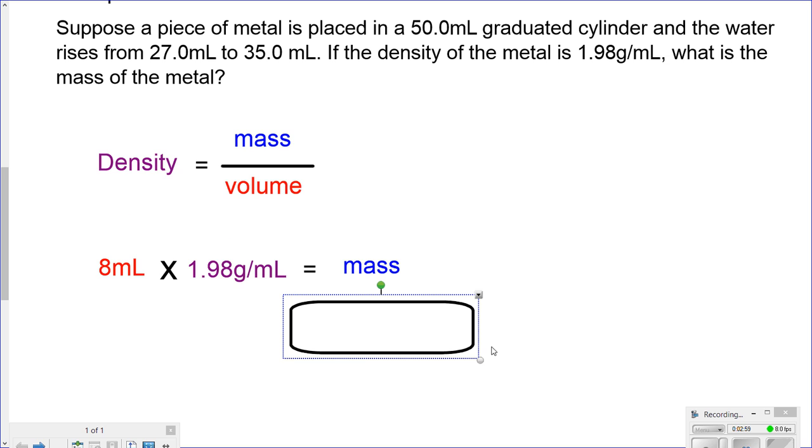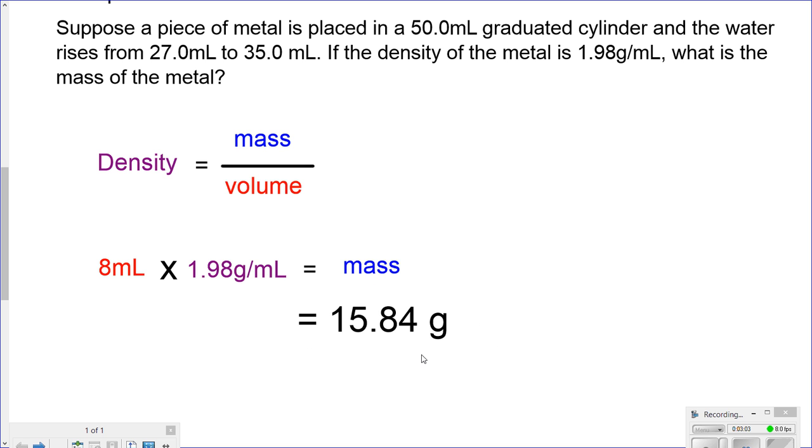You end up with 15.84 grams. We are ignoring significant figures here.